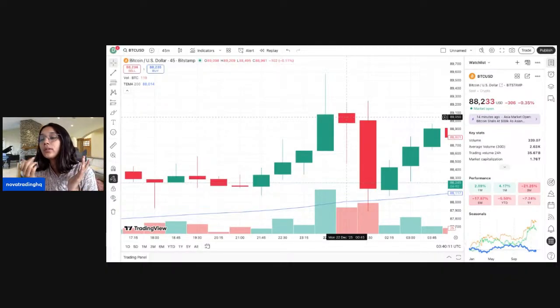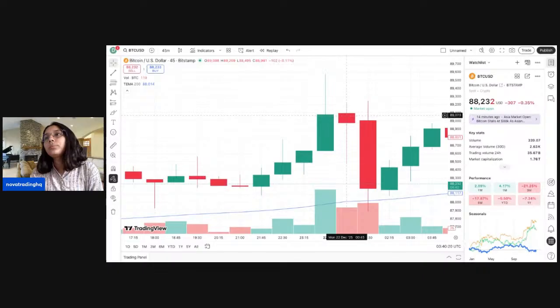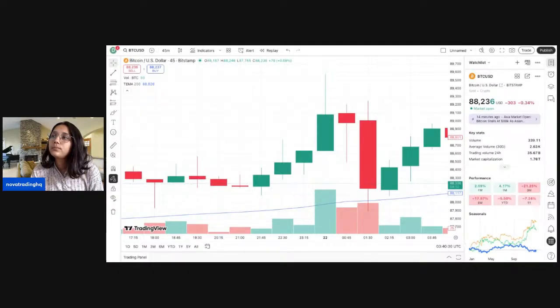Without any further thoughts, just always remember a red candle represents that sellers dominated, right? Basically. So all the buyers, they show their first intent, I would rather say, right?